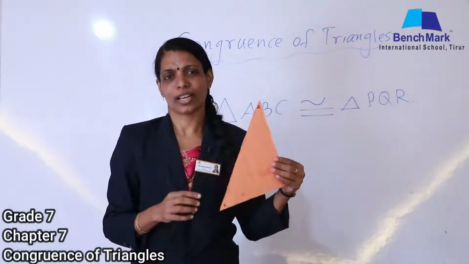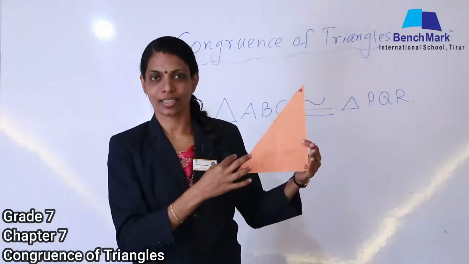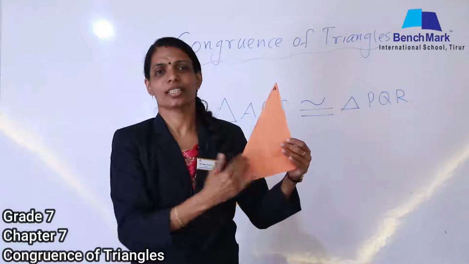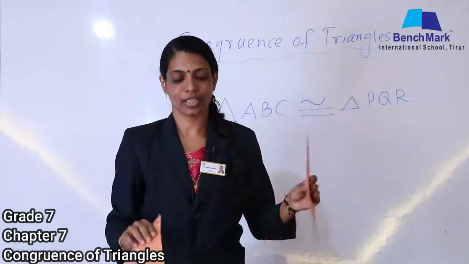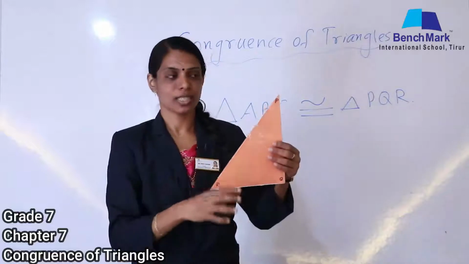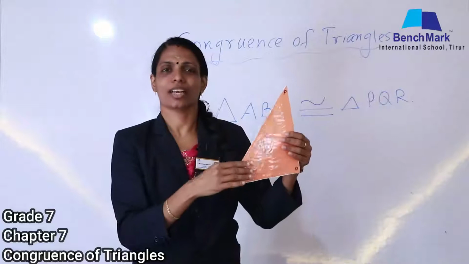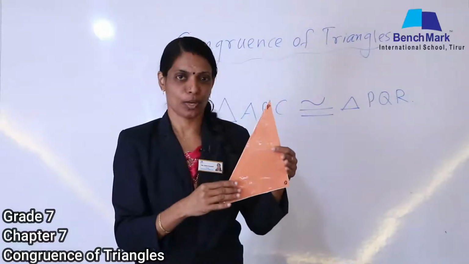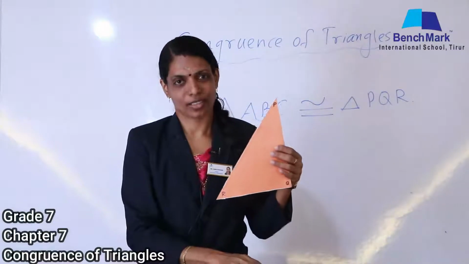We have one triangle with vertices A, B and C, and this triangle is named as triangle ABC. And we have another triangle here with vertices P, Q and R, and the name of this triangle is triangle PQR.